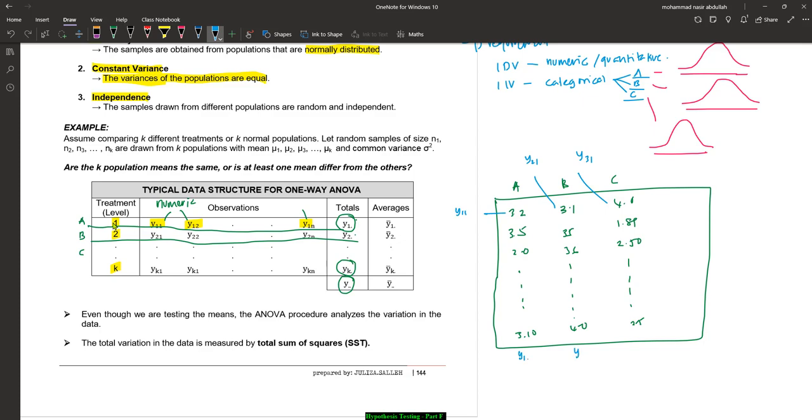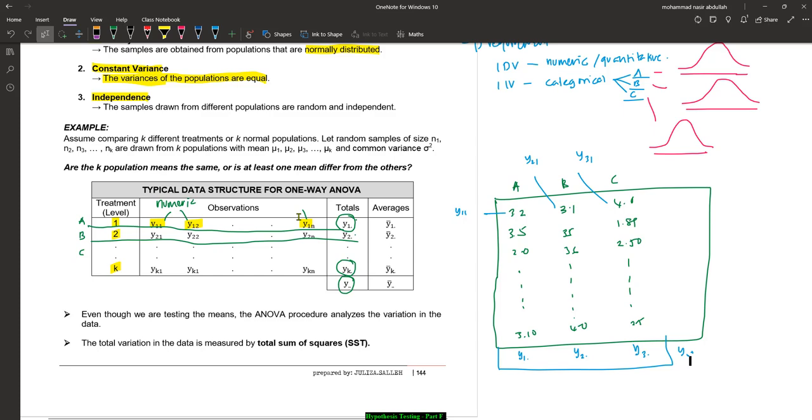This is Y2 dot. This is Y3 dot. Right? Just a symbol for calculation. So the total of the total, maksudnya total kat sini, this is the grand total, this is Y dot dot. So Y dot dot represent the total of the total. Okay, nanti kita akan tengok how to calculate one-way ANOVA.